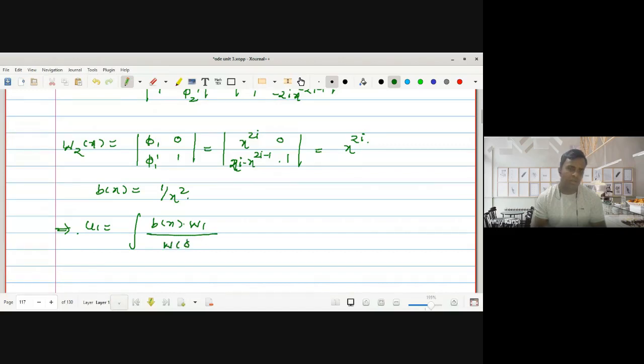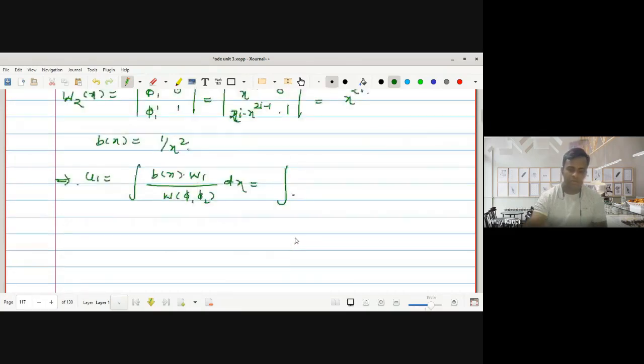Hence u1 is equal to integration of b of x into w1 divided by rho square of phi1 phi2 into dx. That implies u1 is equal to integration of 1 upon x square, b of x, into w1. What is the value of w1? Minus x raised to 2i divided by rho square of phi1 phi2, which is minus 4i divided by x, into dx.